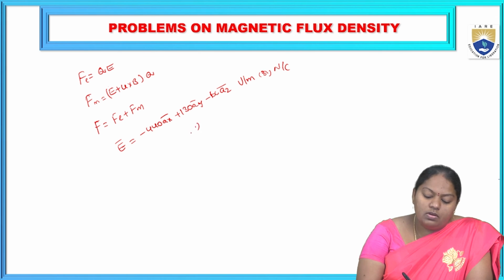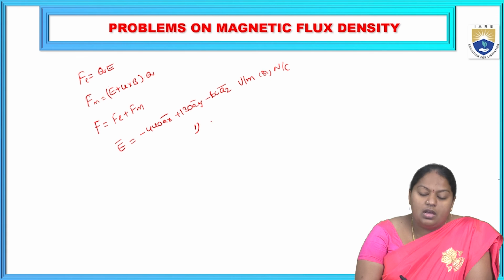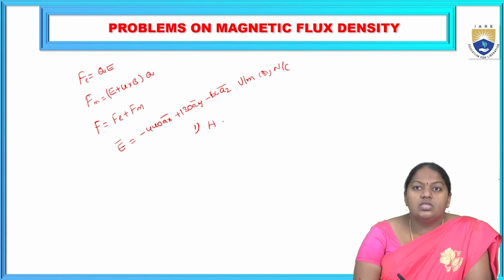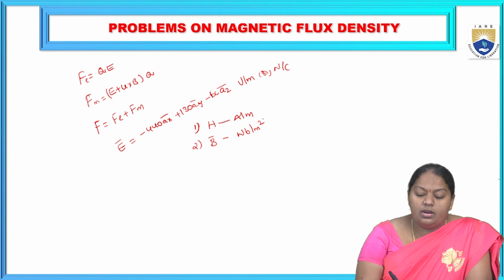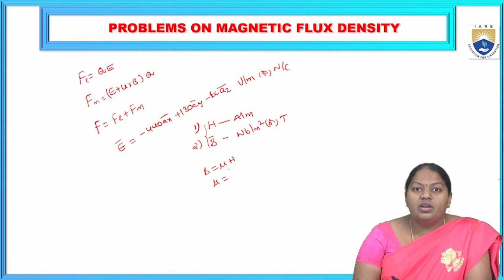In order to solve all such problems, first we need to remember how the magnetic field intensity H is measured. That is, H is measured in ampere per meter, and second, magnetic flux density B is measured in Weber per meter square or sometimes Tesla, and the relation between the two is given by B equals mu into H, where mu is the permeability, that is mu equals mu naught into mu r.